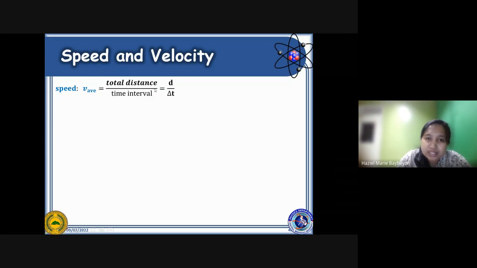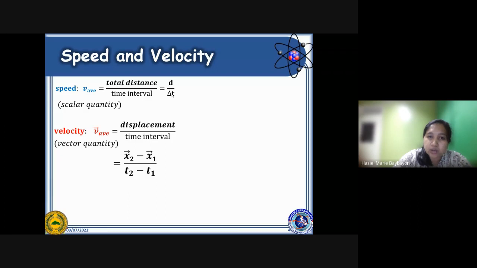So total distance, denoted by d, divided by the time interval delta t. It is a scalar quantity and it has units of meters per second.